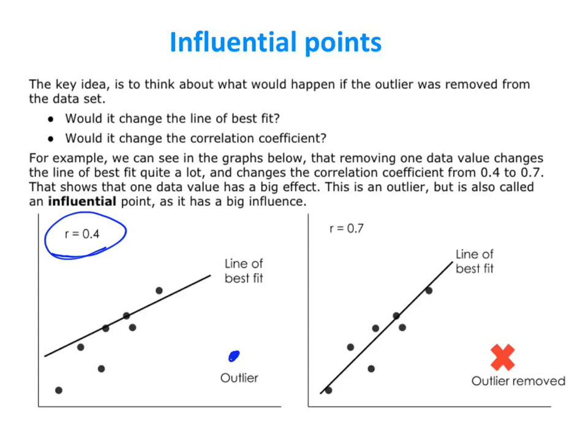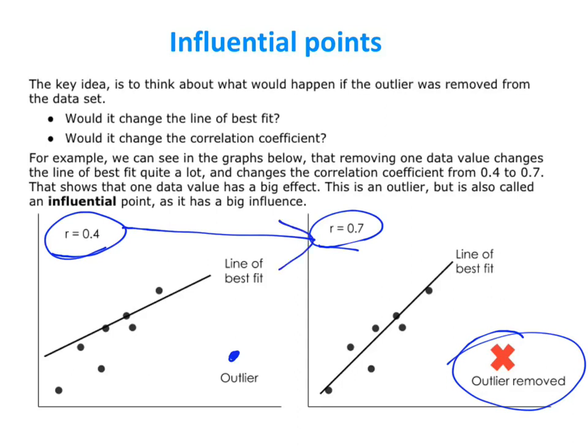If I fit the line of best fit again after I've removed that point, my correlation coefficient changes to 0.7. So this one data value has changed my correlation coefficient from 0.4 to 0.7. Equally, I would look at what the gradient of that line is and the gradient of this line, and how much that gradient has changed. The bigger the change, the more influential the point is.